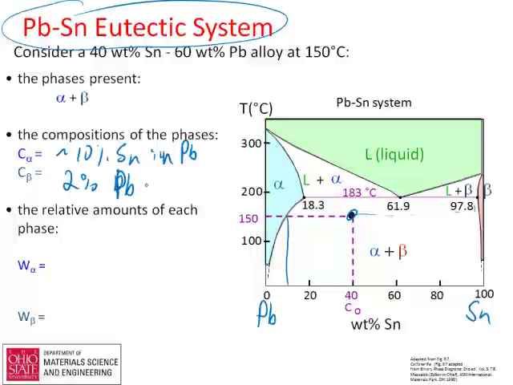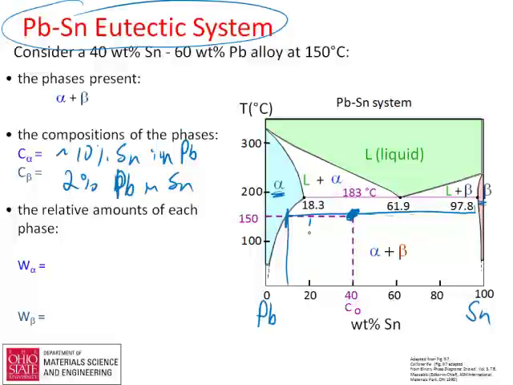And the relative amounts of each phase: first of all, is it going to be more alpha or more beta? Give you a second to think about that. Okay, this composition point is closer to the alpha side, so it's going to be more alpha than beta.